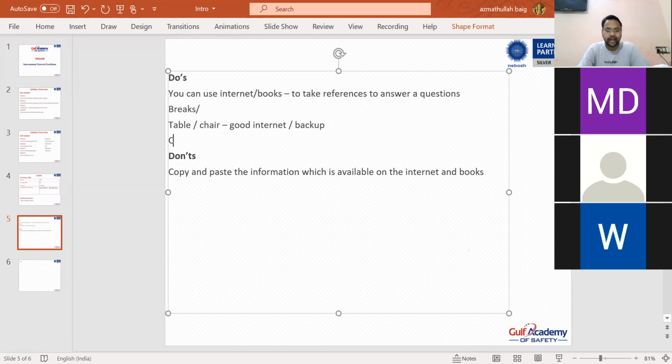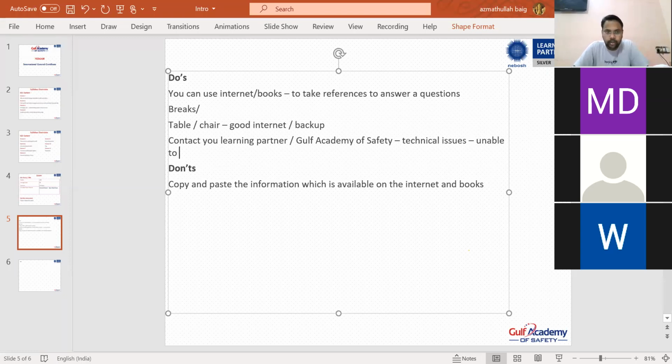You can contact your learning partner. Your learning partner is Gulf Academy of Safety. You can contact Gulf Academy of Safety if you have any technical difficulties, technical issues, such as you are unable to log in or you are unable to download or upload the papers.